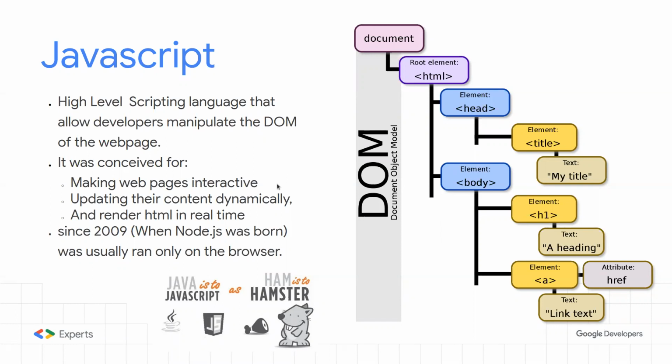And then I'm gonna start talking about JavaScript. JavaScript is a high-level scripting language that allows developers to manipulate the DOM of the web page.